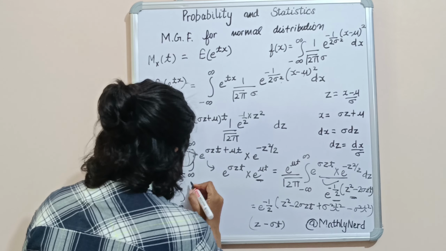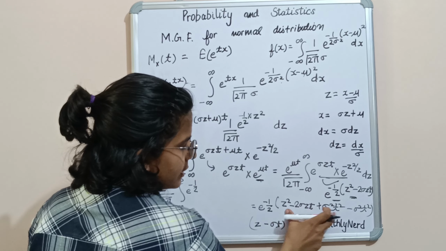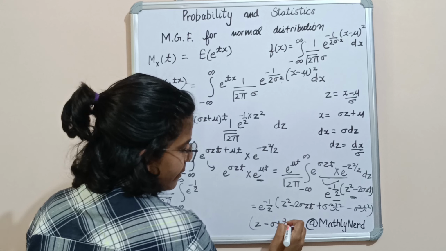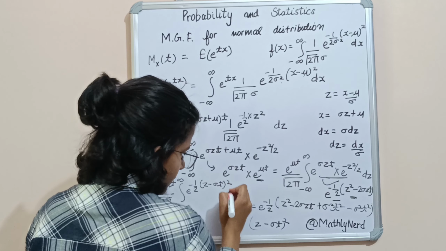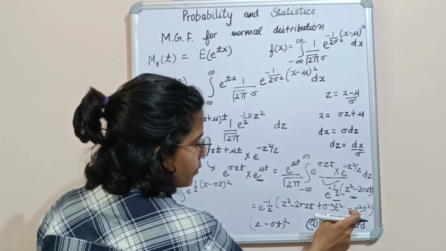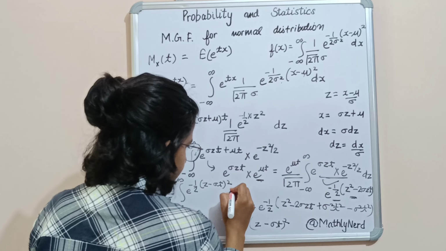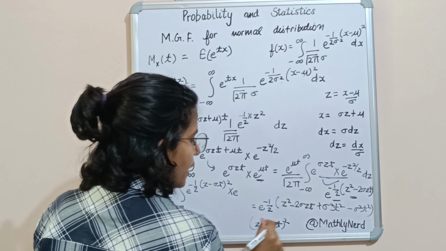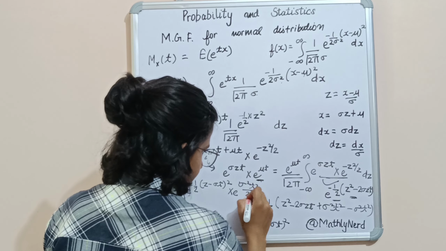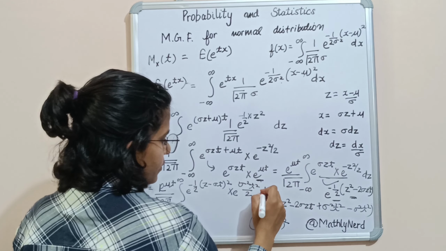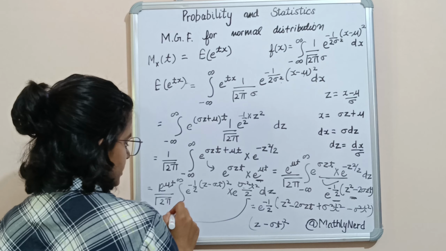Now, we can write this as e raised to power minus 1 by 2 into (z minus sigma t) whole square, minus 1 by 2 times minus sigma square t square, so this will be into e raised to power sigma square t square by 2 into dz. Now, this is a constant, so we can take this outside.